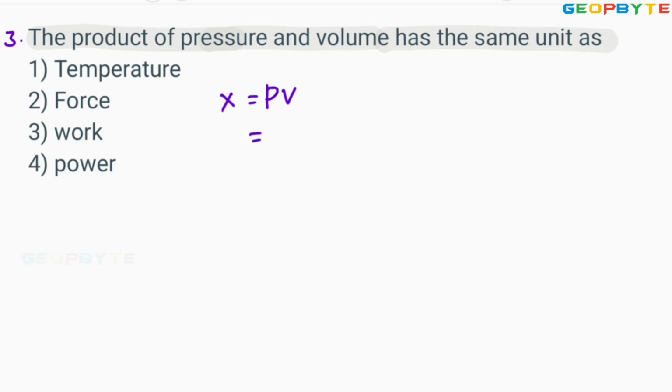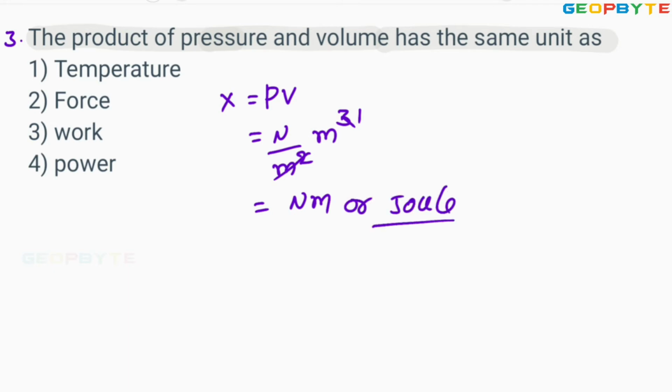Pressure is in Newton per meter square, volume is in meter cube. So it is equal to Newton meter, meter square is cancelled. Newton meter is also written as joule. So joule is the unit of energy.